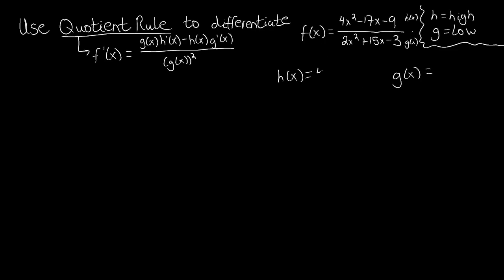So h of x is 4x squared minus 17x minus 9, and g of x is 2x squared plus 15x minus 3. So here we have h prime of x, which we can derive using the power rule. We're going to bring this power down, so we get 2 times 4, which is 8x, and 2 minus 1 is 1, so we have 8x.